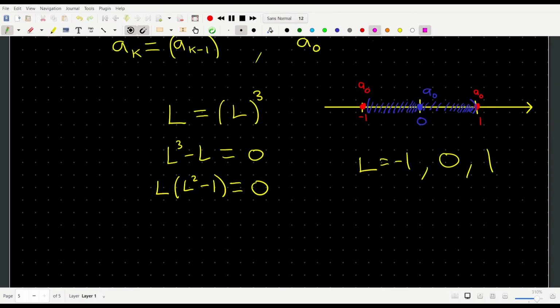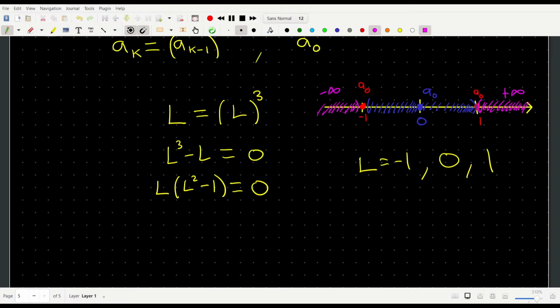And then for any value below negative 1, and for any value above positive 1, the sequence is going to either diverge to positive infinity or go to negative infinity for any starting value in this region.